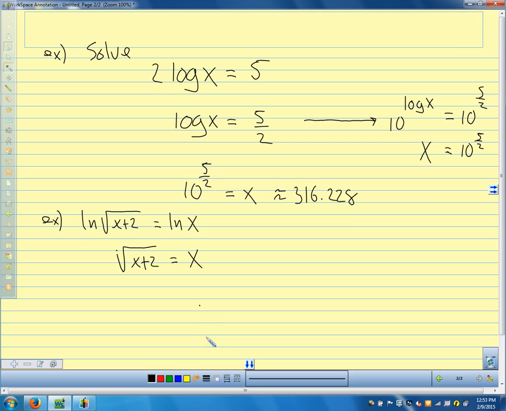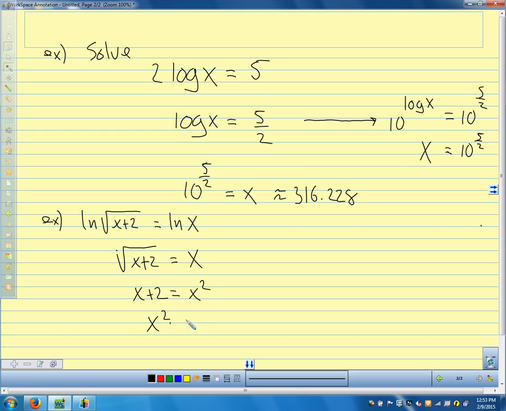Now, how do we solve this one? How do we solve for x? Square both sides. So x plus 2 equals x squared. Now we have a quadratic, right? So we want to get everything on one side and get it equal to 0.